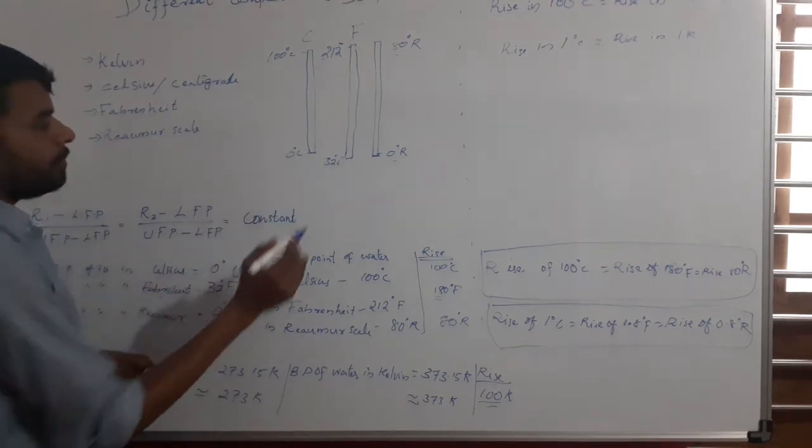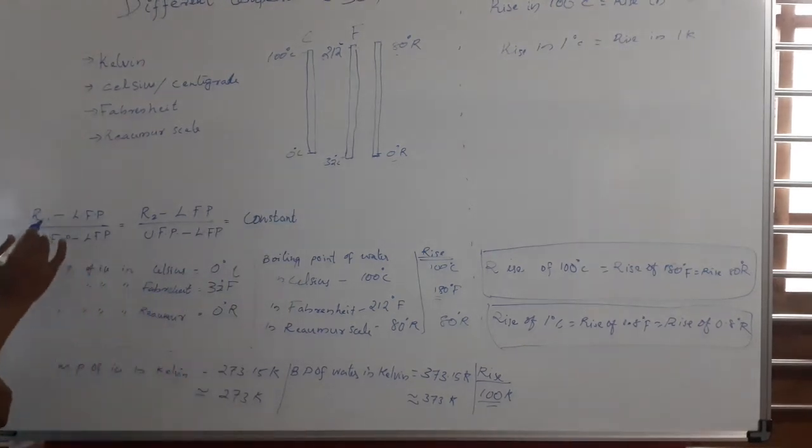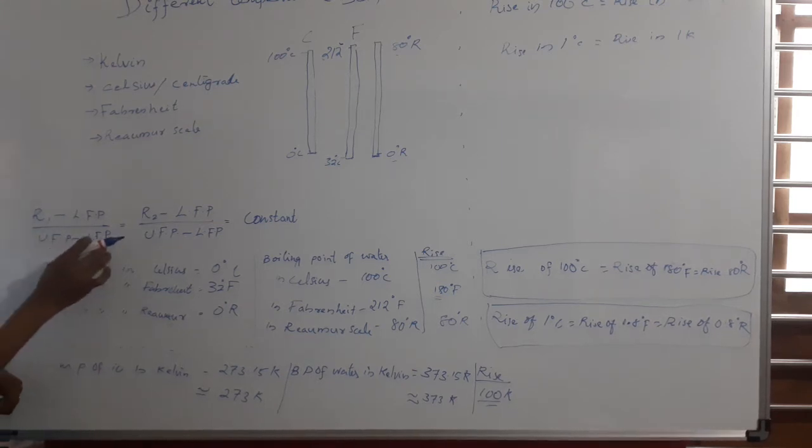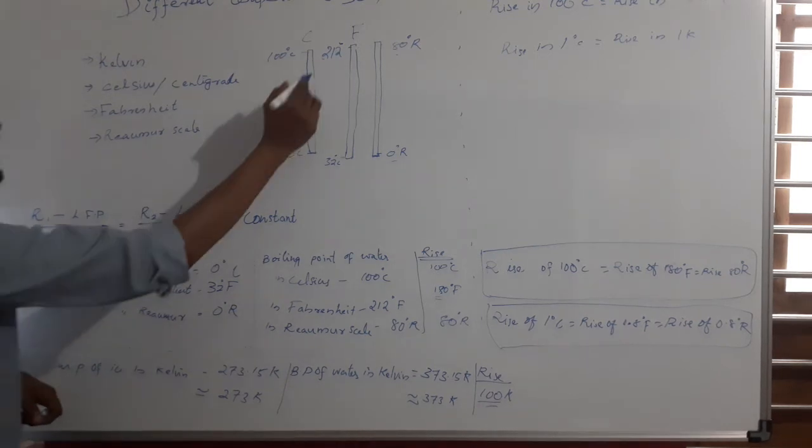So here see, R1 represents the reading of the first scale minus the lower fixed point of that scale, divided by the upper fixed point of the scale minus the lower fixed point of the scale. For example, we are taking these two.